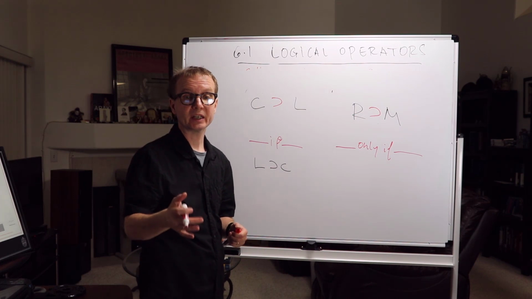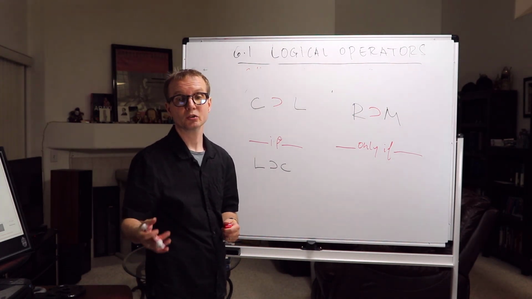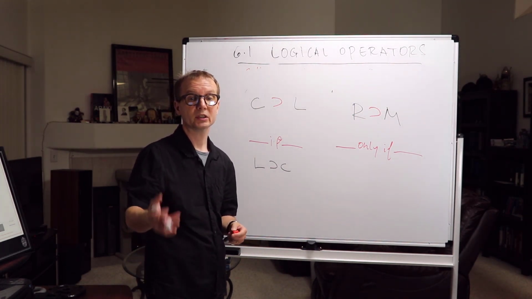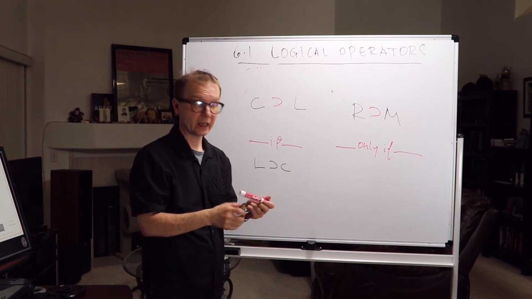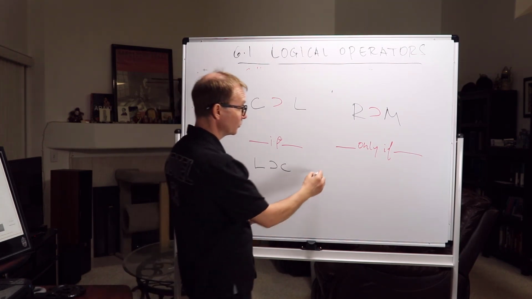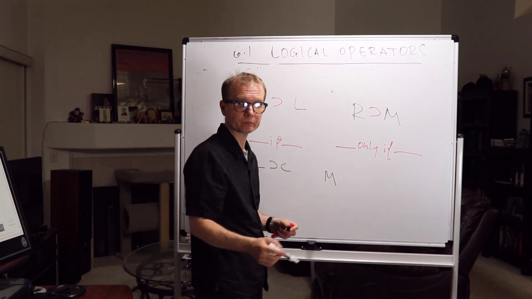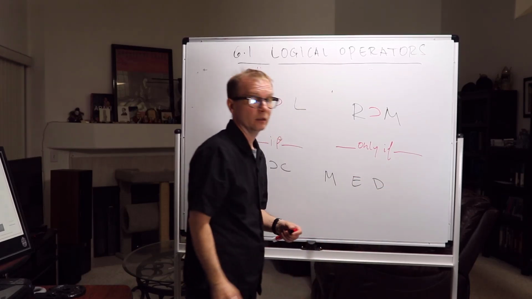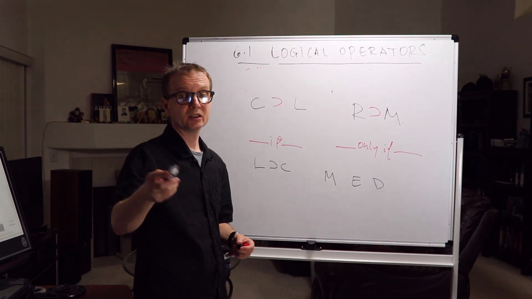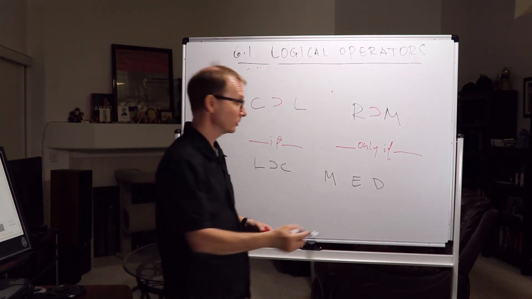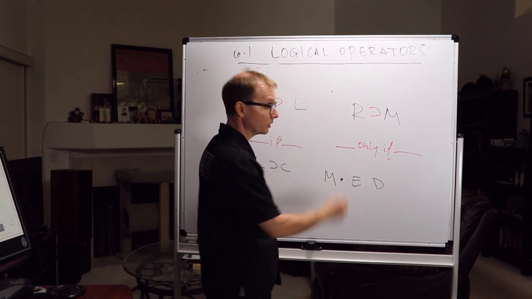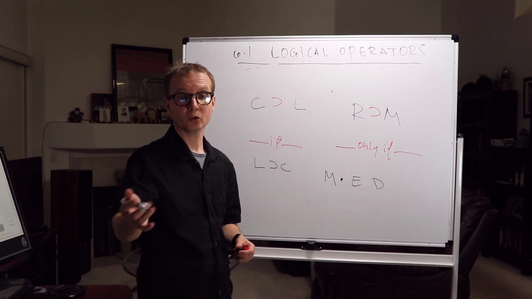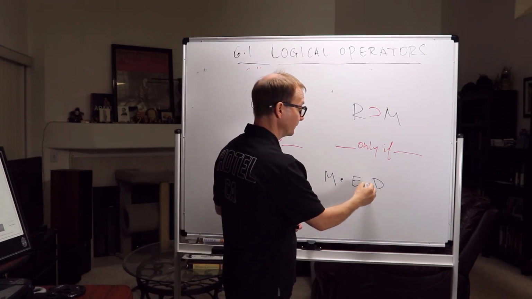Last one. Either Mariah Carey sings pop and Elton John sings rock, or Diana Krall sings jazz. Well, you do have the letters, right? The letters would be M, E, and D. So either Mariah Carey sings pop and Elton John sings rock, of course you would put a dot here, or Diana Krall sings jazz, you would put a vee here.